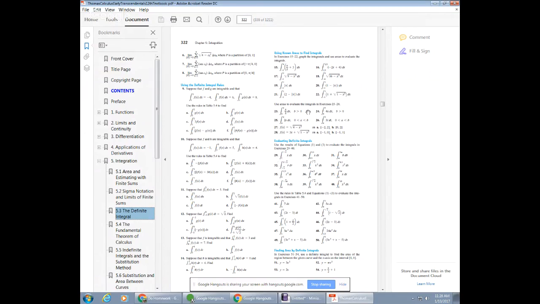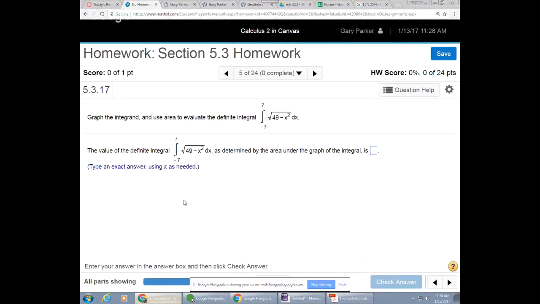So number 17 is in this region. We're trying to find the values of these integrals based on areas that we know. The particular one I'm asked about here is the square root of 49 minus x squared. Darren, does that function look familiar to you?